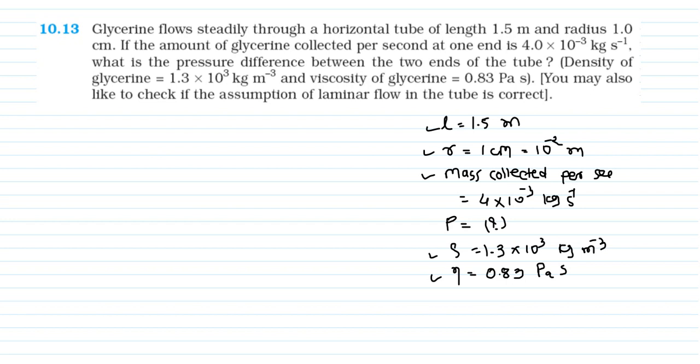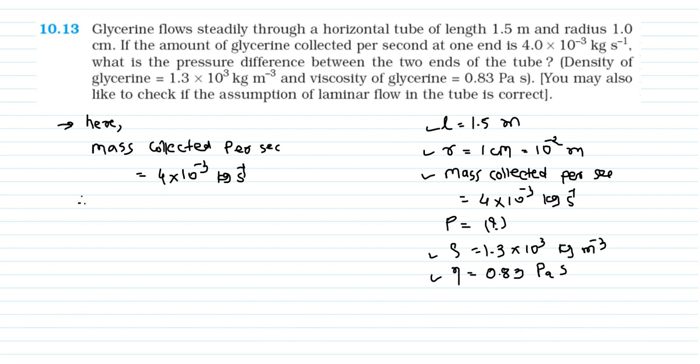So how will we find the volume? Here you have been given the mass collected per second, which is 4 into 10 raised to minus 3 kilogram per second.